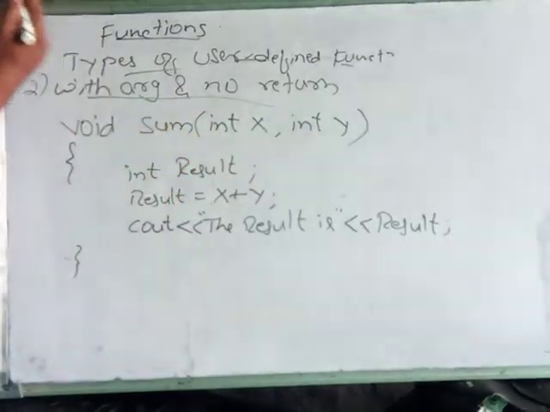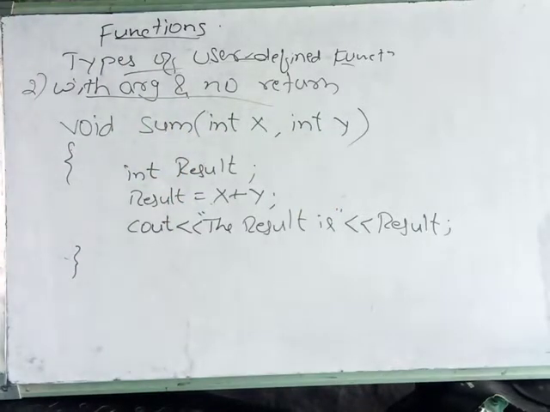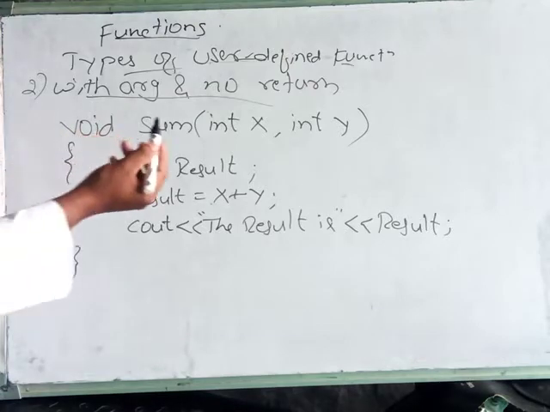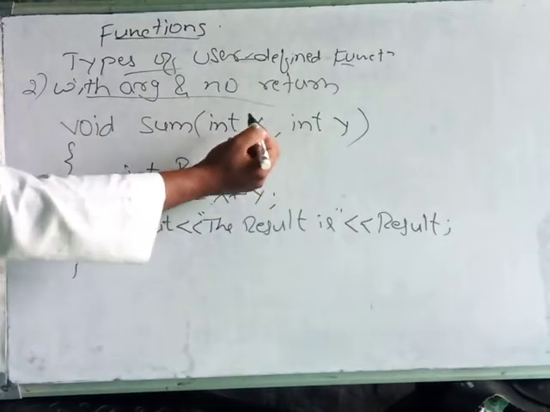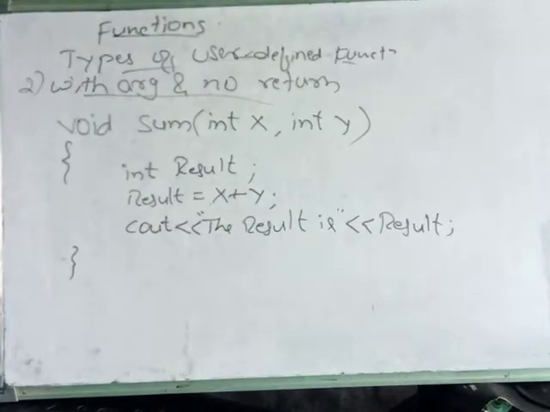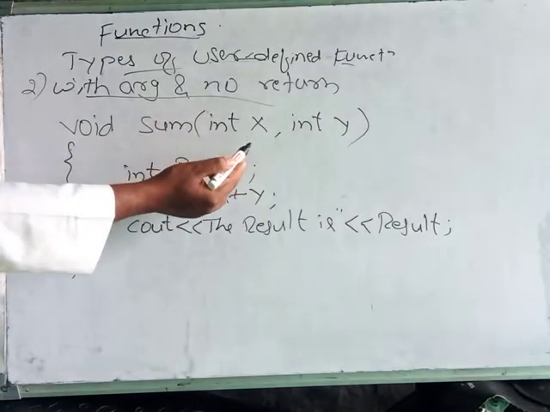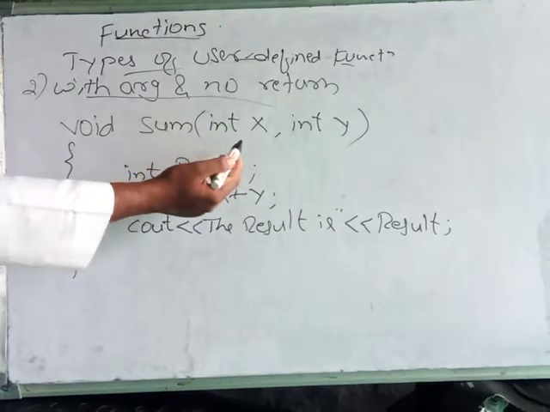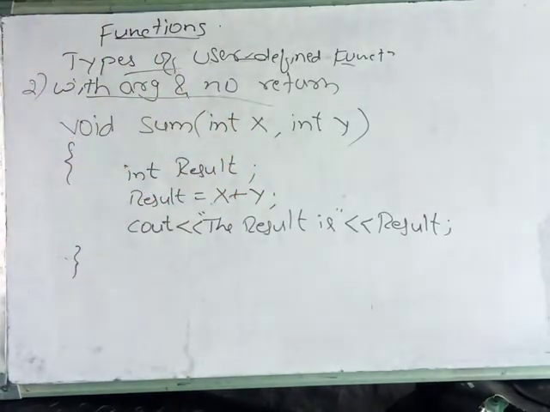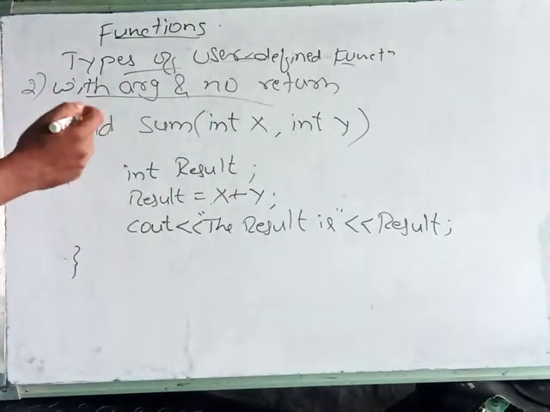It reads two parameters while calling the function. In that we are passing two parameters, two arguments here, x and y. They have some value. Before passing any variable, it should be initialized with some value.